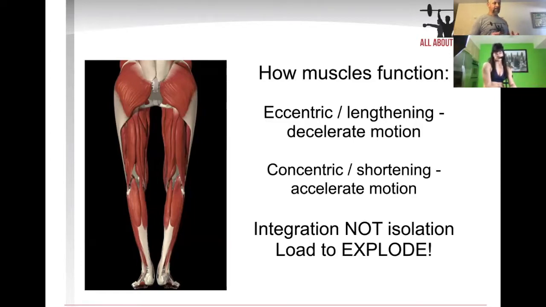And a lot of times where we go wrong is that in exercise, we think of muscles shortening first. Like if I'm demonstrating a squat, I'm demonstrating the concentric, muscle-shortening phase. Just like I did with the bench press, I demonstrate the concentric phase first. But in reality, and I'm going to angle my camera down here a little bit so you can see my couch and stuff, when we look at the glutes, our glutes lengthen when we flex our hips.